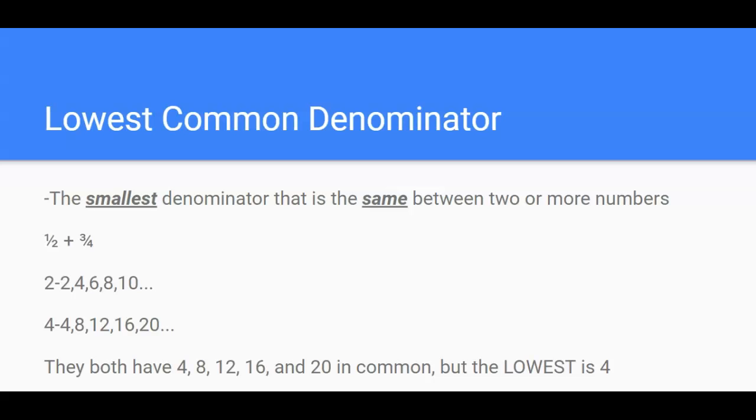Just in that list, they have 4, 8, and, well, technically they don't have the 12, 16, and 20 here, but if I were to continue up here, remember they'd have the 12, 16, and 20. But out of all of those, the 4 is the lowest common denominator. And that is important because then I would change my 1/2 into fourths, but since this 3/4 is already fourths, I can keep it. And that, again, would create a very simple problem.